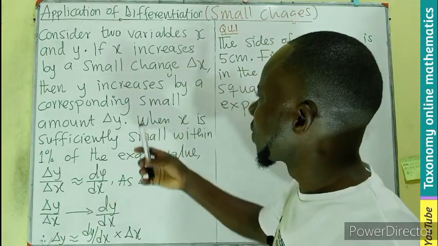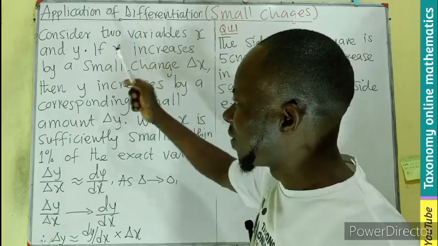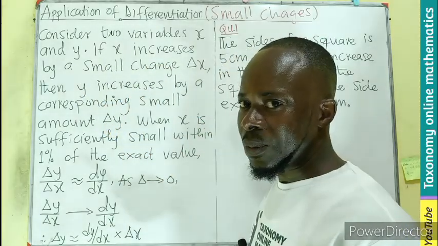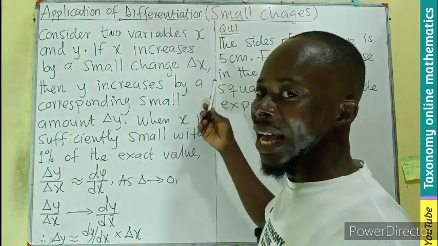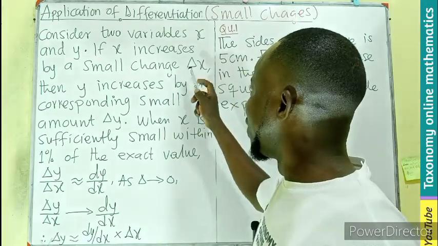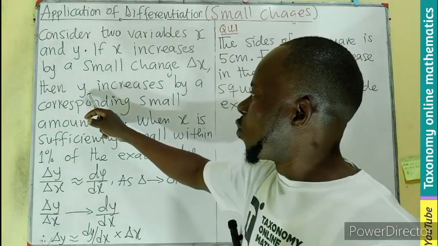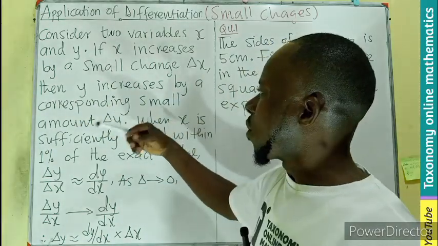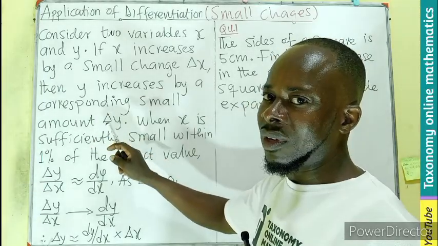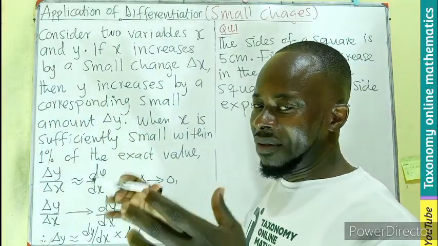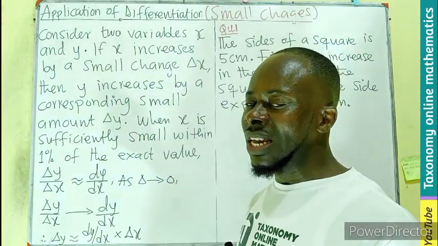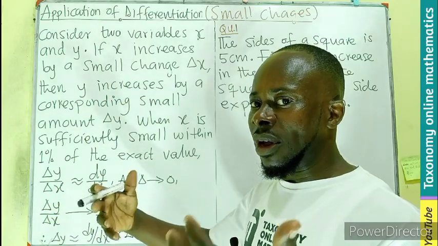So if the x increases by a small change, that is the delta x, by using dx. So this is the delta x. Then y also increases by a corresponding small amount, delta y. So if there are two variables, if x is increasing, the y is increasing correspondingly.